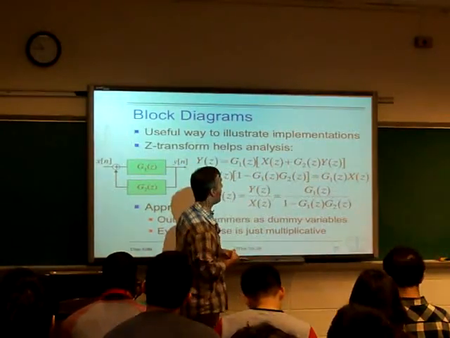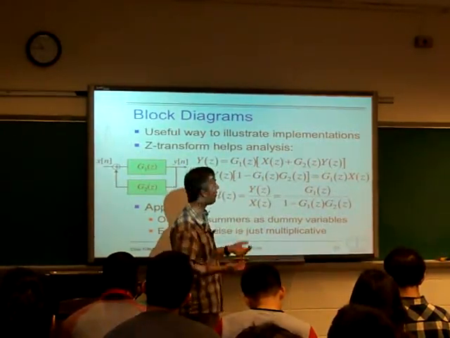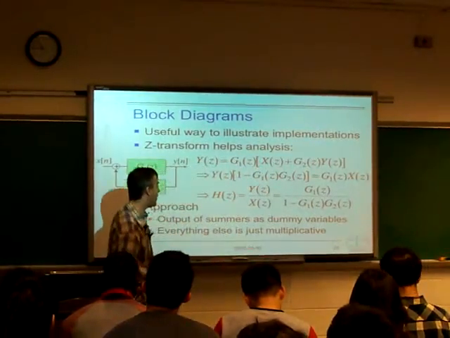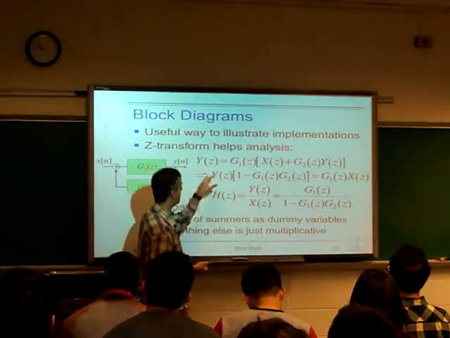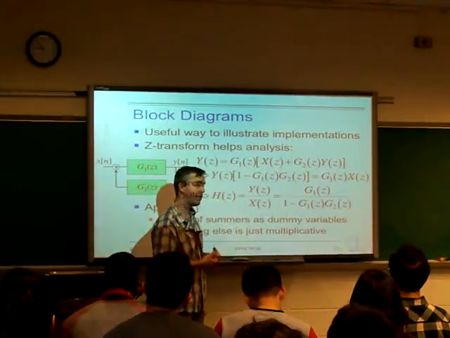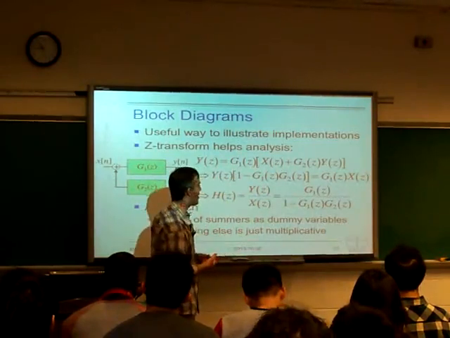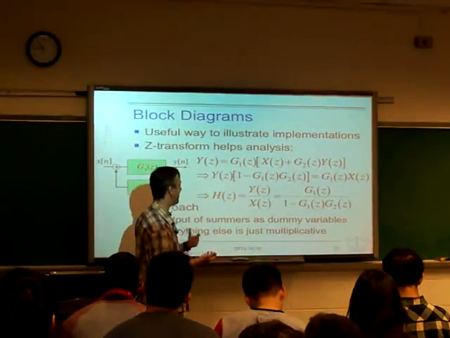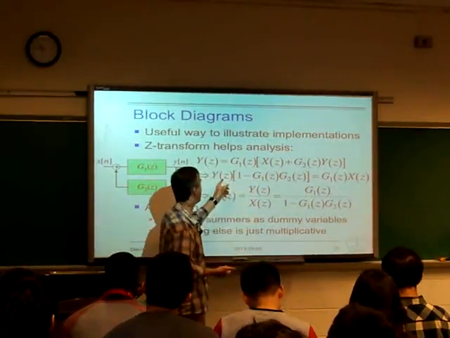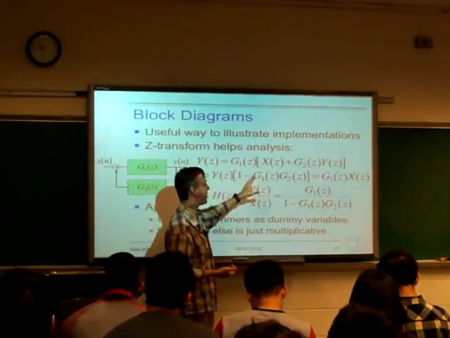Everything becomes very simple. The delays have been folded into the multiplication, so it all just becomes straightforward, familiar algebra. Of course, here we've got y on both sides, so to get the transfer function, the ratio of y to x, we have to rearrange it to get the y's onto one side, but that's just straight algebra.